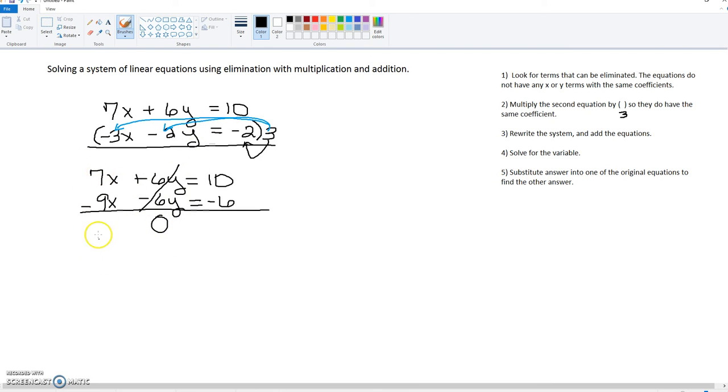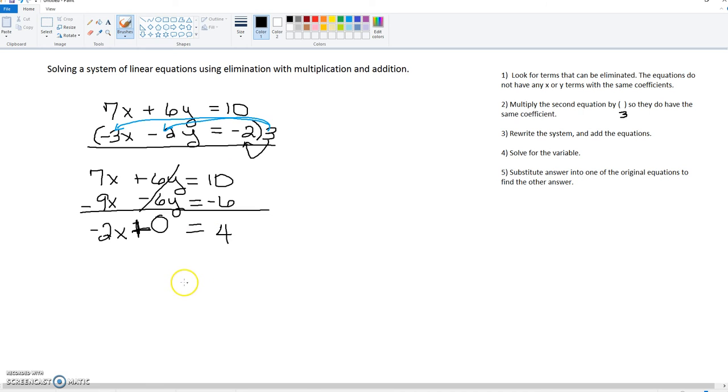And so now we're going to combine or add everything else. In this case, it's subtraction because we have a negative. So 7 minus 9 gets us -2x. Bring down, you can do plus 0 if you want. And 10 minus 6, which is 4.